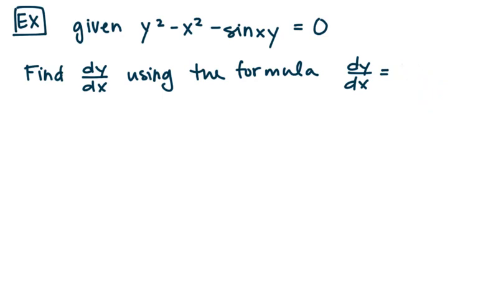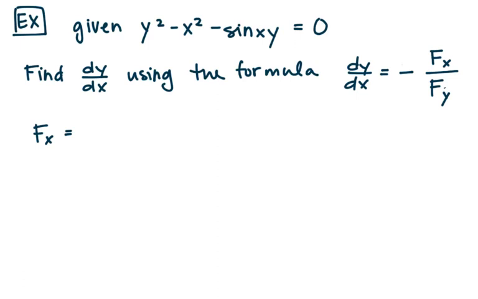In order to find this derivative implicitly, we're just going to find each partial, find that quotient, and negate it.